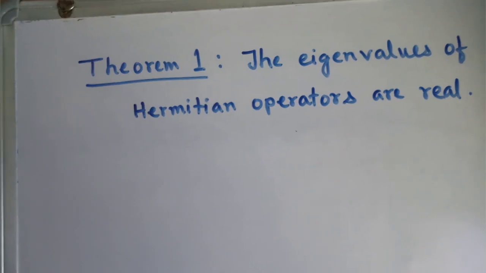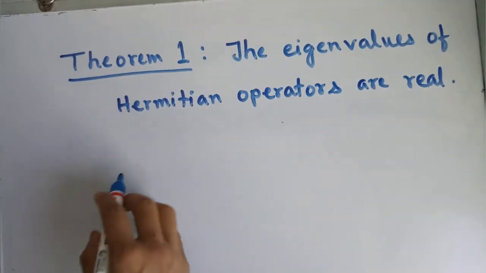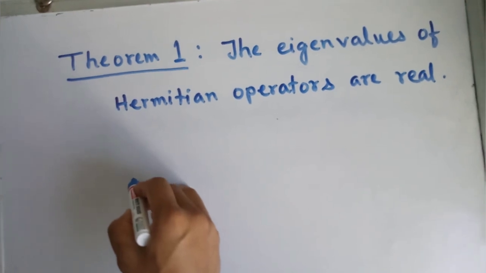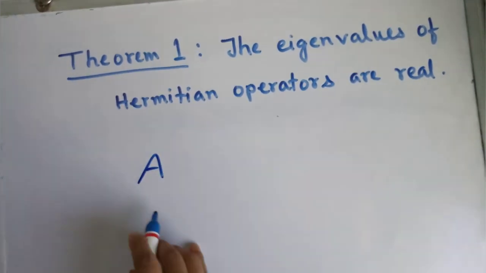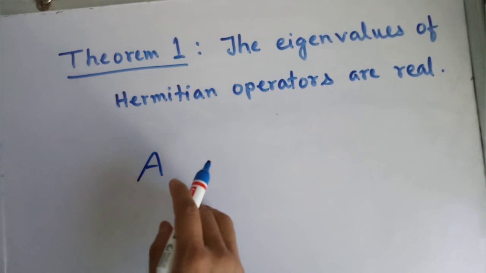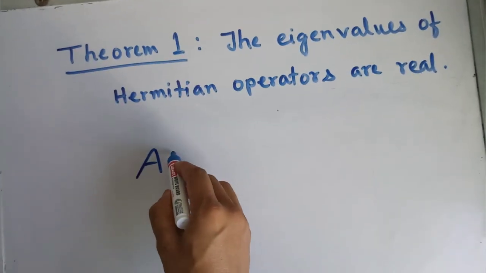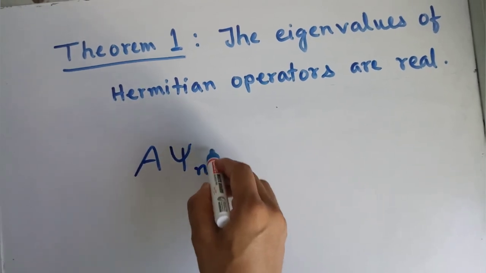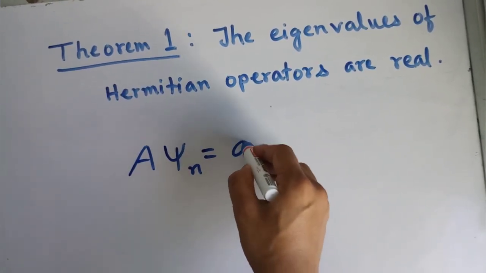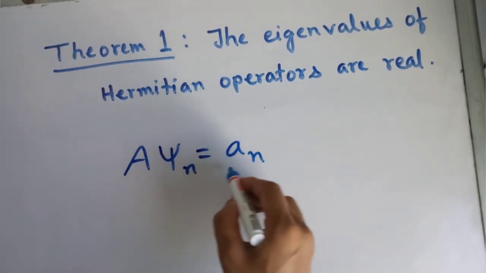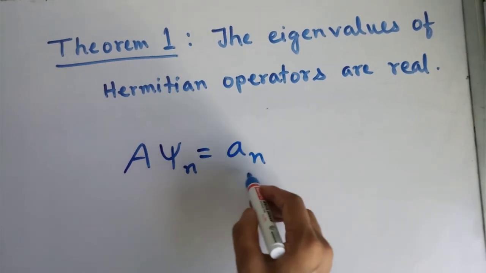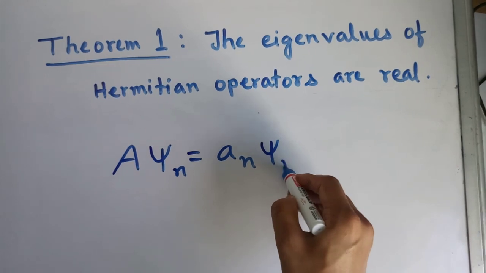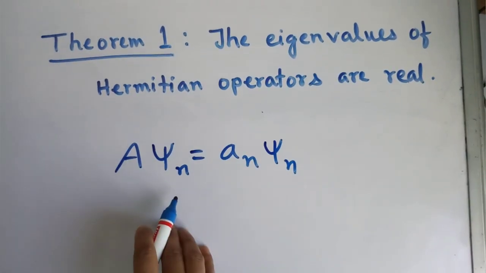Now we will prove these two theorems one by one. To prove the first theorem, let us consider a Hermitian operator A and its eigenvalue equation. I have written A psi n equal to a n psi n, where small a n is your eigenvalue, and this is your eigenfunction psi n.